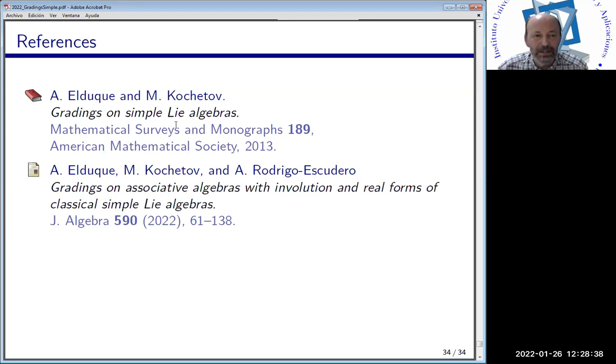But then if one wants to study other fields, some questions about reality do not appear here, but have appeared in later papers. And this is the last paper, together with Misha and Adrián Rodrigo Escudero, where we are dealing with real forms of the classical simple Lie algebras. And even over the real field, things become more involved.